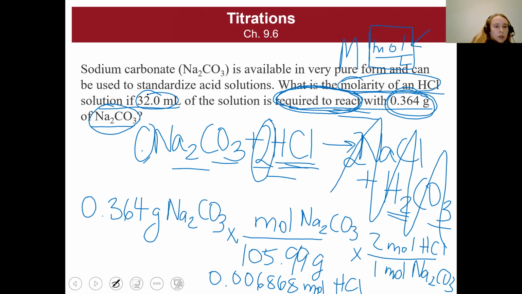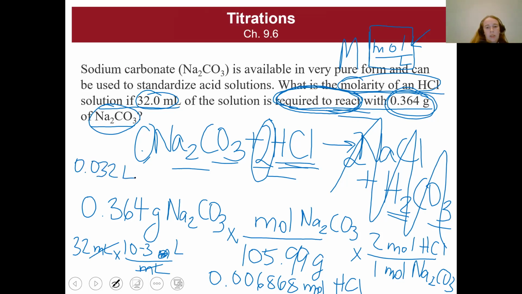So I can do it this way, 32 mils times 10 to the negative third liters over milliliters. Cancel out milliliters, so 32 times 10 to the negative third is going to be 0.032 liters.